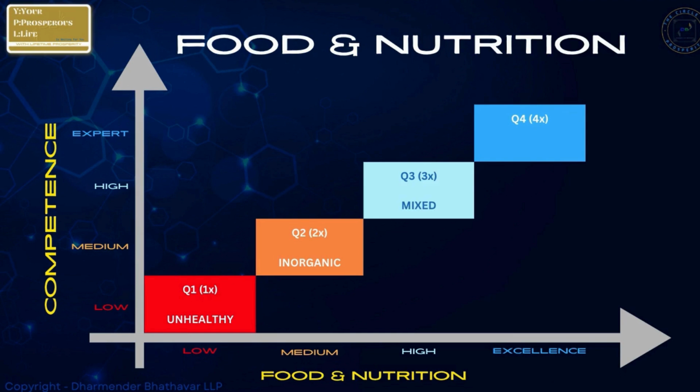Their competency levels are high, and their knowledge about food and nutrition is also at a higher level. Hence they are taking mixed foods. And finally the fourth quadrant, which is expert competence and excellence with respect to food and nutrition. So here only organic food can be considered. People who are consuming organic food can be placed in quadrant 4.